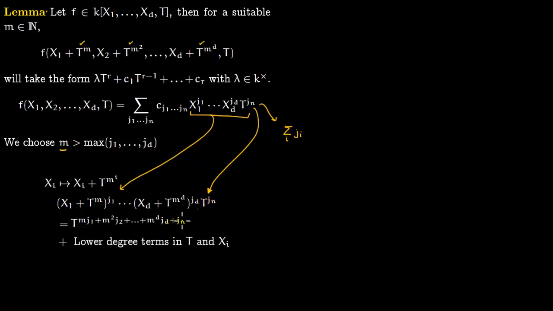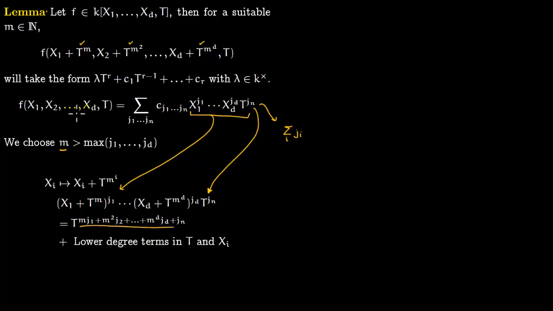So this jn comes right here, and this is going to be the highest degree precisely because we have chosen m to be greater than j1, j2, all the way to jd. So this x1 will have maximum power of j1, but this m is anyway greater than it, so you have this maximum degree term. And then we have lower degree terms both in t and xi, but this is the maximum degree. So this is going to be the maximum degree for every such term.